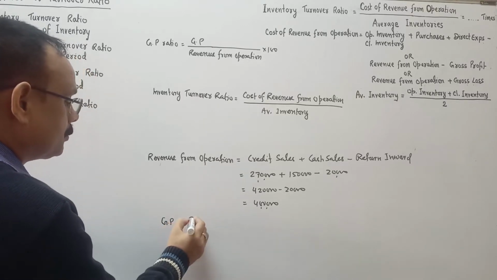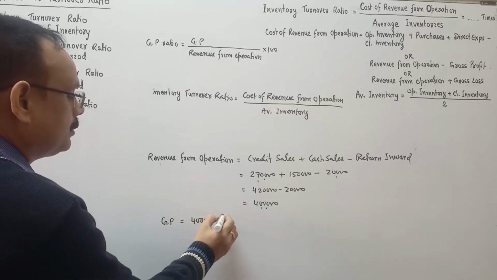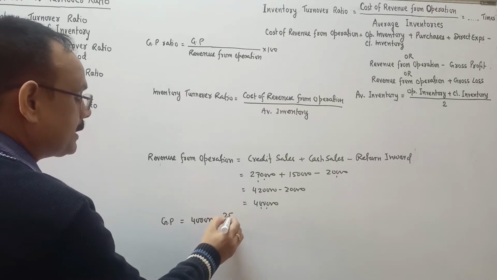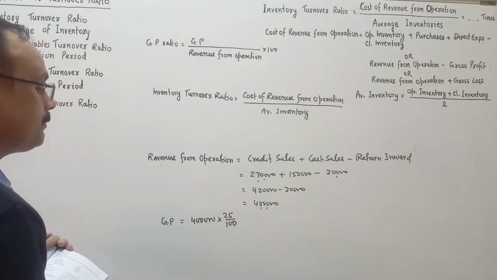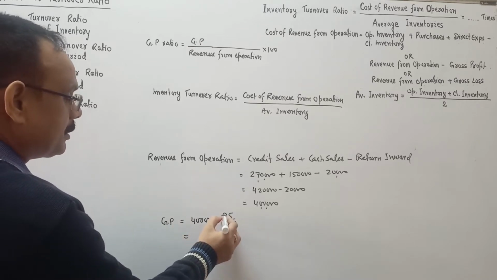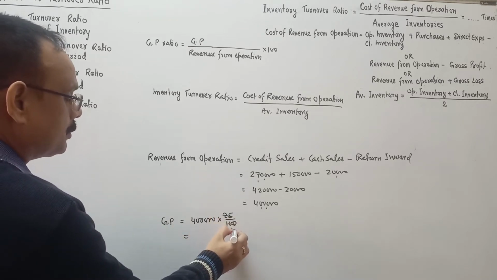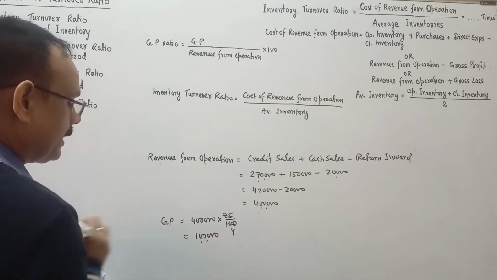Gross profit is equal to revenue from operation into percentage. It is 25%. GP is 25% of revenue from operation. So 25% means 1 by 4, so it is 1 lakh. GP is 1 lakh. Okay.